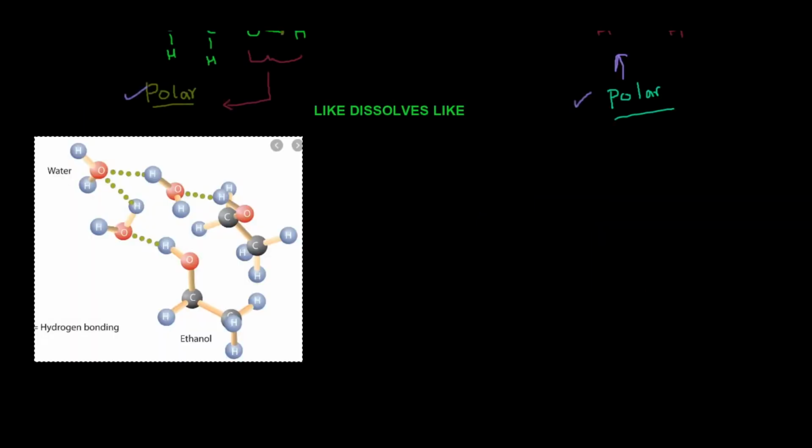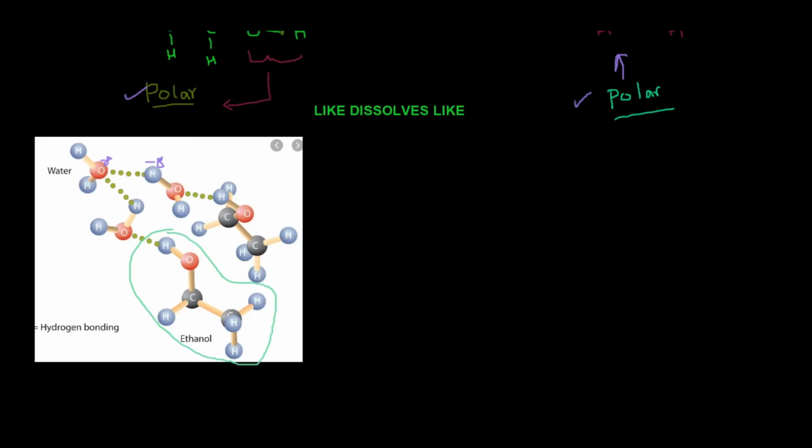So as you can see in this diagram, we have an oxygen atom that is having a partial negative charge, while the hydrogen atom of water carries a partial positive charge. Now these are the water molecules that are interacting with the molecule of ethanol. This is actually an ethanol molecule.